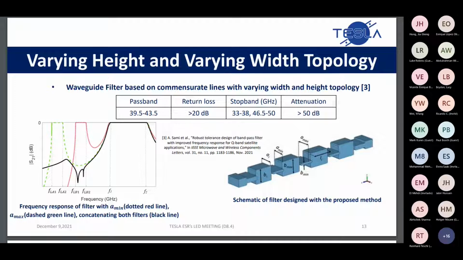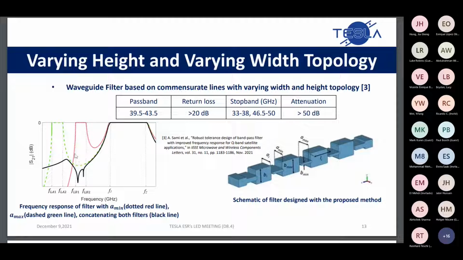So how did we develop this topology? Initially we designed 2 filters with a constant width, one with a smaller width, and the frequency response of the smaller width is given here in the red curve.